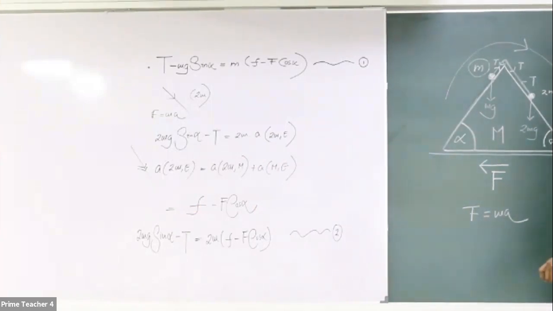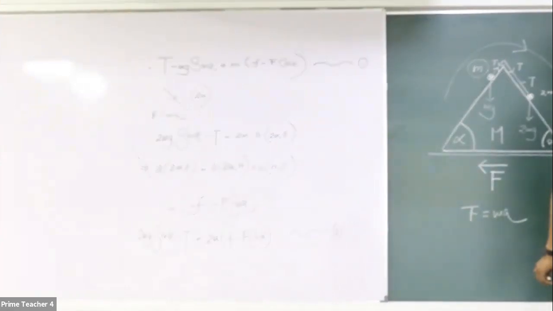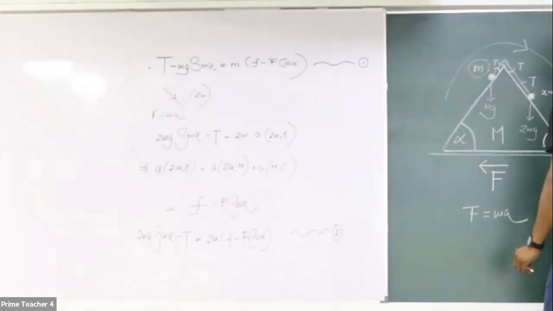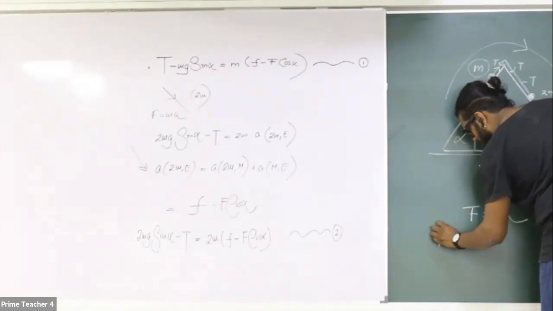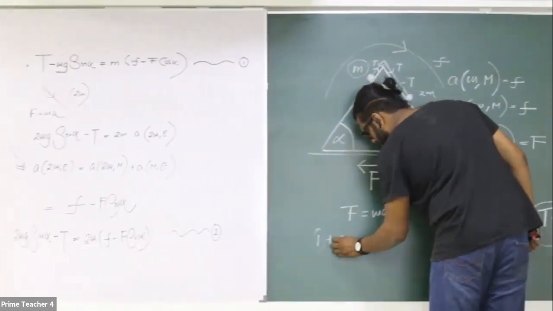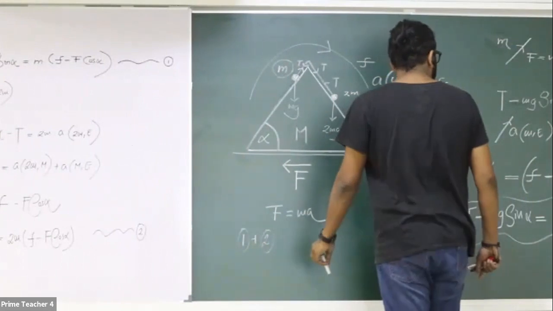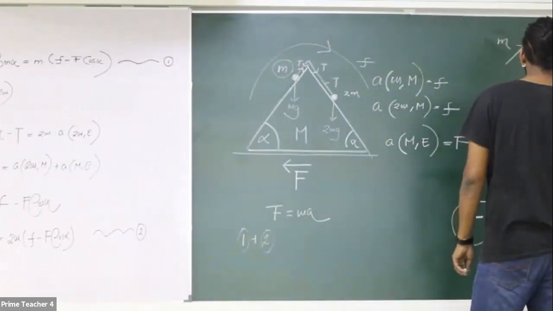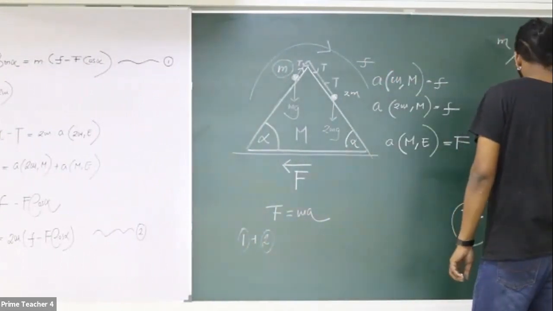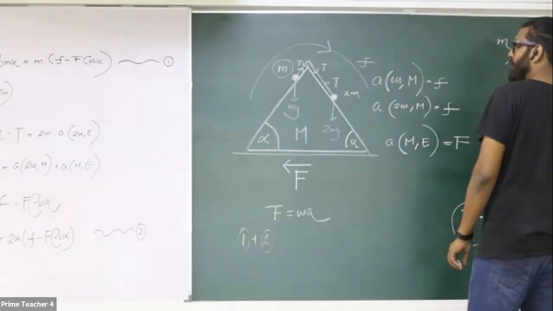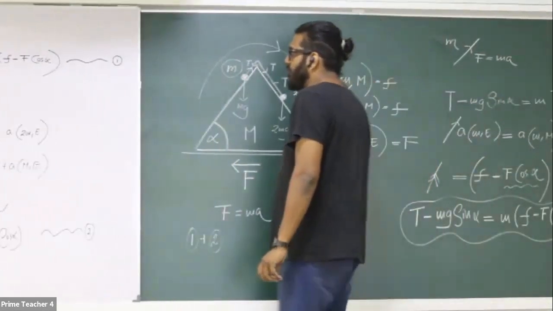So let's see. I'm going to try 1 plus 2. So you get your T eliminated. This T, okay, let's look at from here, that's easier.